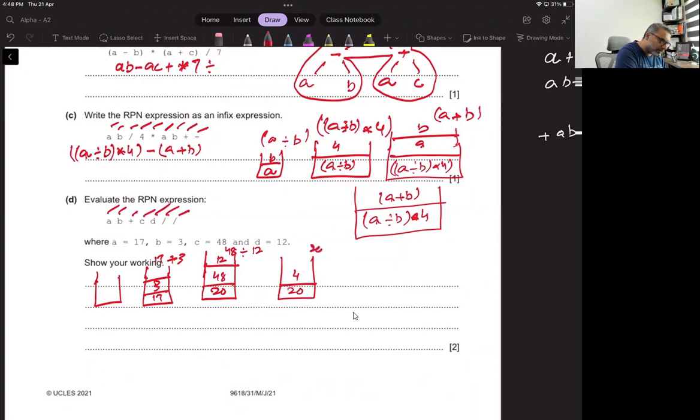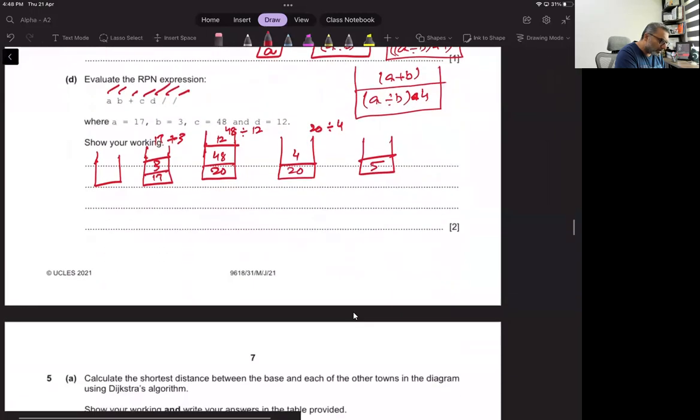So this will be 20 divided by 4. So the answer that we will have is 5. That is how we will answer it.